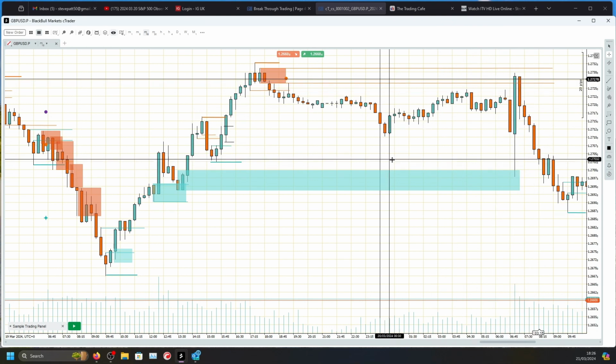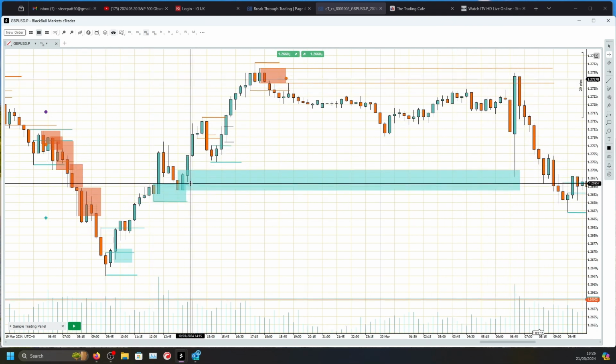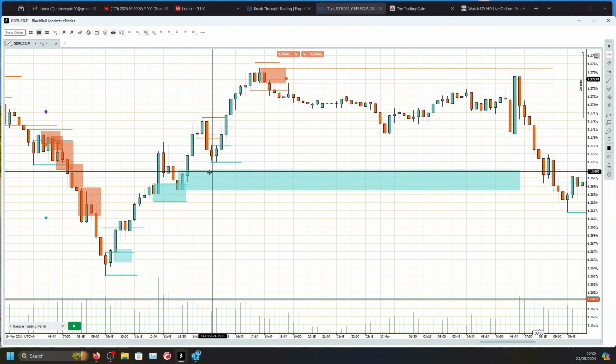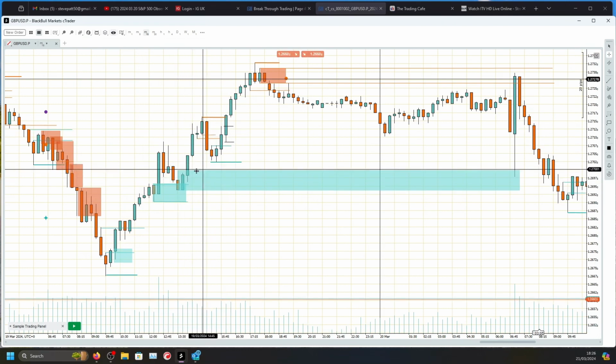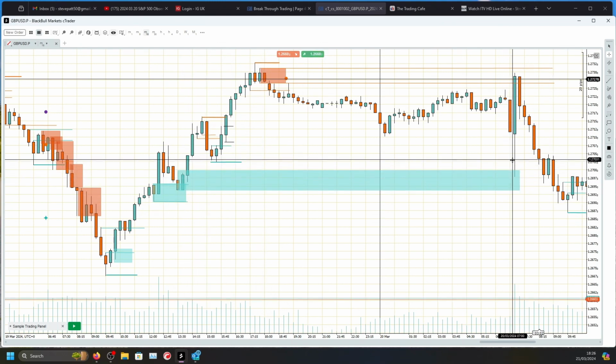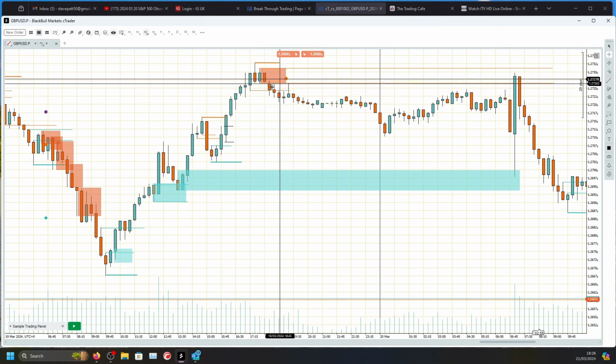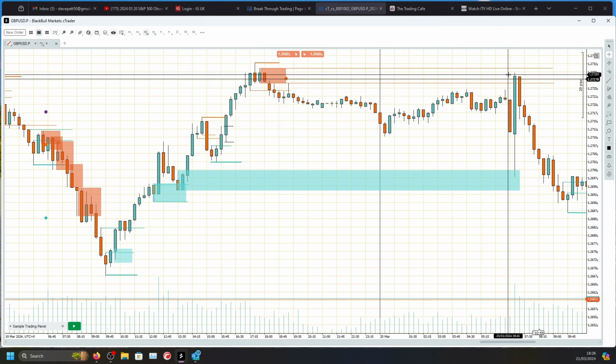But you'll quite often see this kind of thing. Price comes down. There's obviously buy orders been left here. There's something happening here that draws price. Orders get filled, pushes price up. There's obviously orders here that haven't been filled.